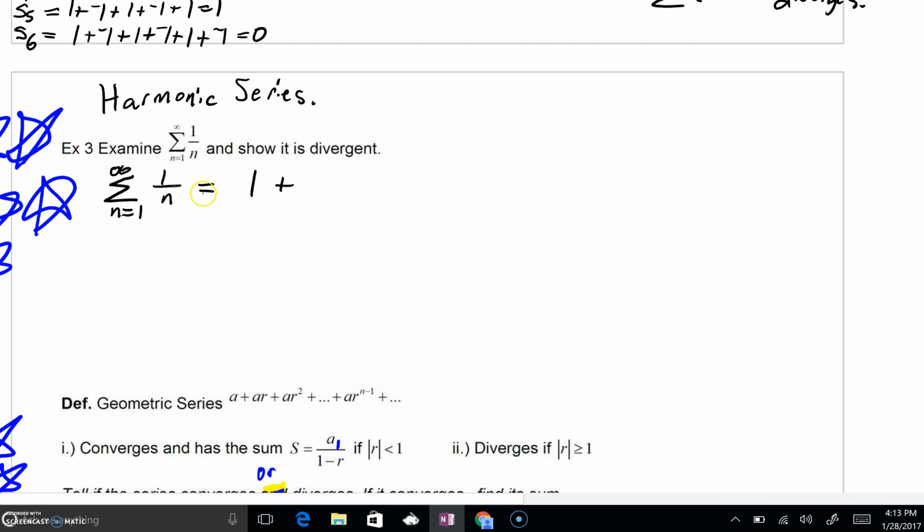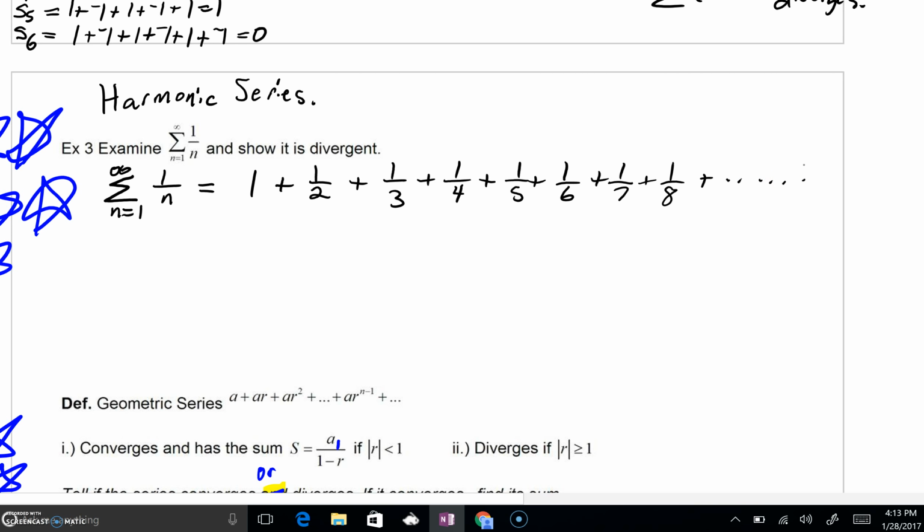The second term, letting n equal 2, you'd get 1/2. Then the third term is 1/3, fourth term is 1/4, a fifth term, and you get the idea. We'd get 1/6 plus 1/7 plus 1/8, and so on. And this is going to go on really forever.